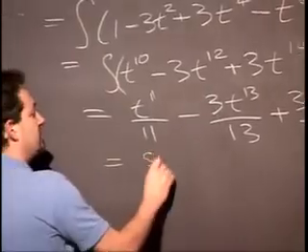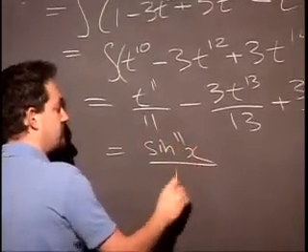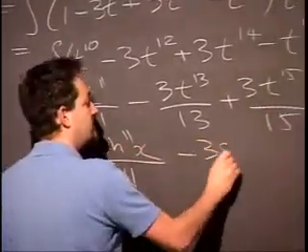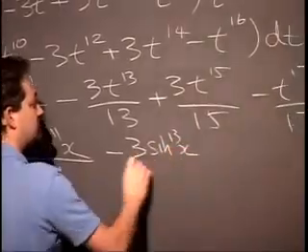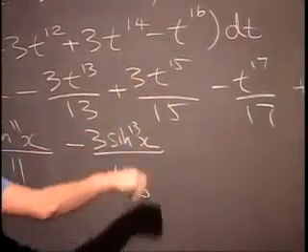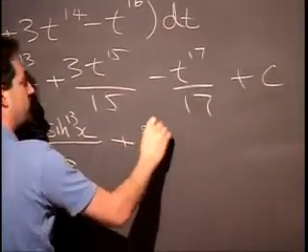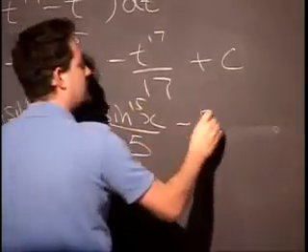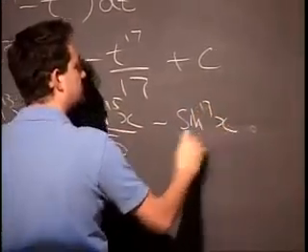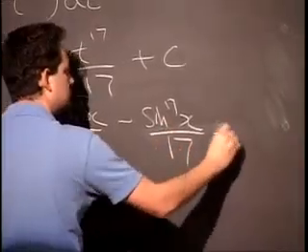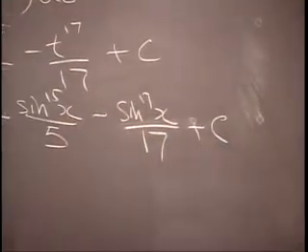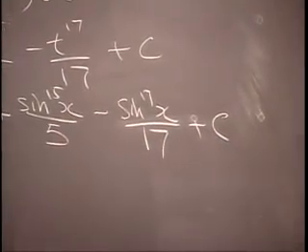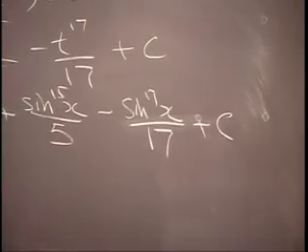So you'll get sine x 11th power minus 3 sine 13th power. I guess 3 over 15 I'll cancel to 1/5. And then there's a 17th power plus a constant. That same technique is going to work for any time when one of the powers is odd.